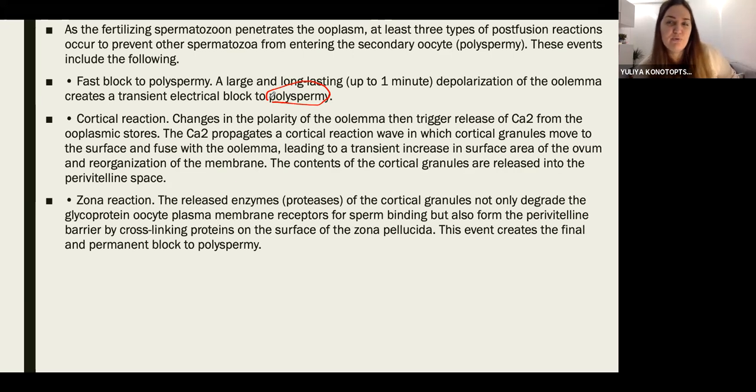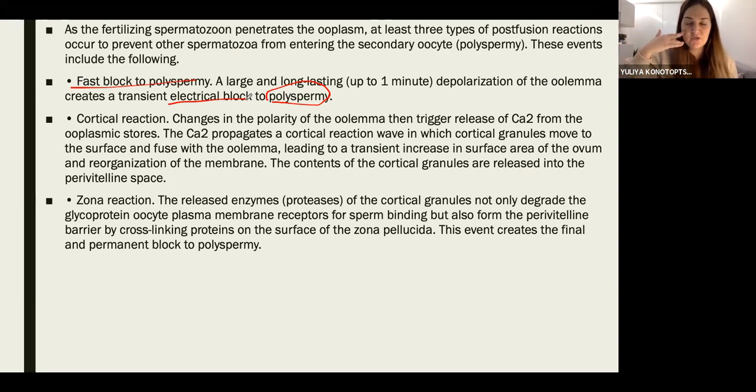So how can I prevent polyspermy? Three ways are possible. The fast block to polyspermy is when the plasma membrane of the oocyte creates a kind of electrical shock. An electrical change goes through, so all spermatozoa get blocked by this electricity.